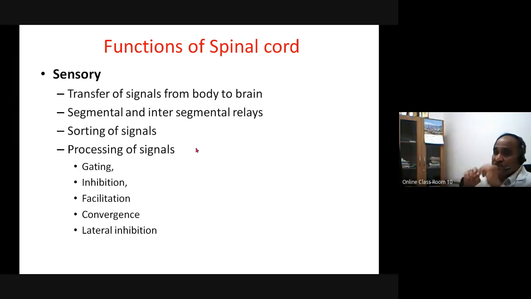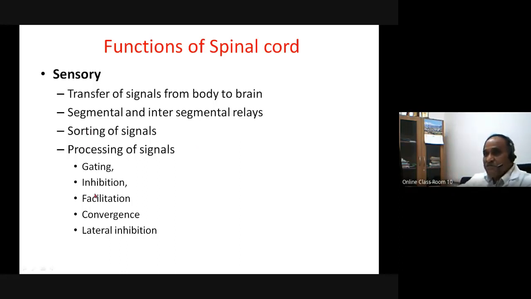That is one type of processing. Then when converging, these have collaterals. They will inhibit the lateral neurons, so that the information passing through the central projecting neuron is powerful or clear without any confusion. So that means there is a lateral inhibition. The side ones are inhibited. So that is focusing the information.